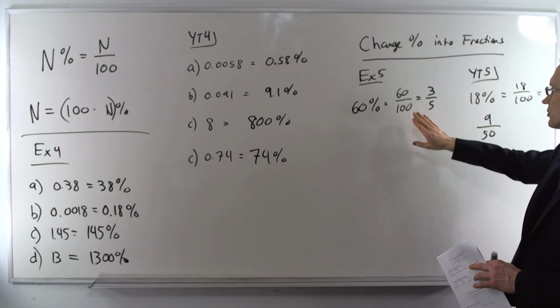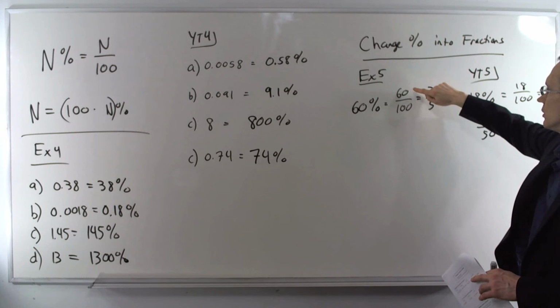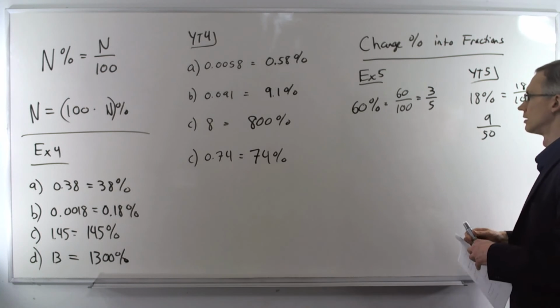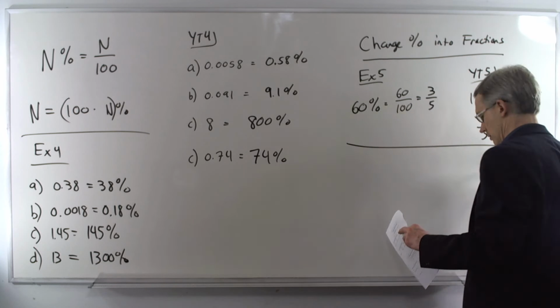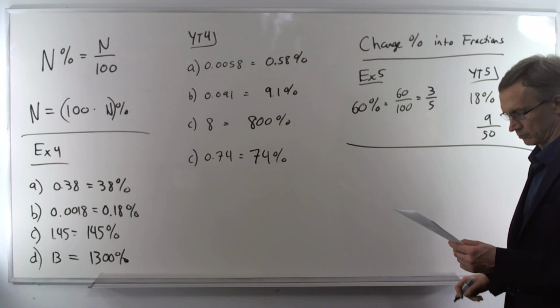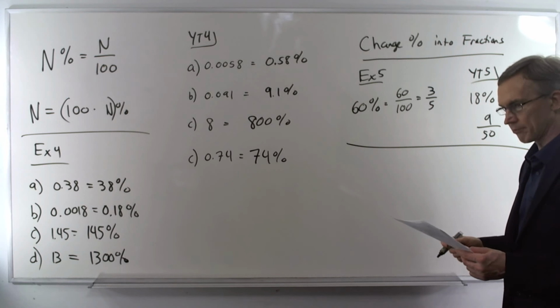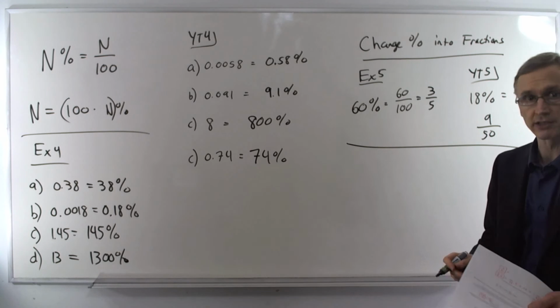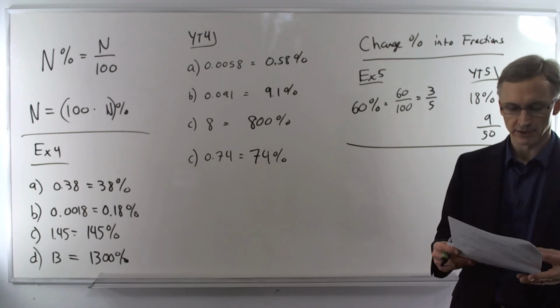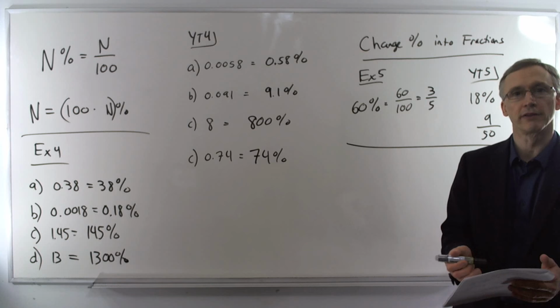So as long as we have proper fractions, meaning the numerator is smaller than the denominator. What about improper fractions? Well, improper fractions can either be expressed as an improper fraction or as a mixed number. And depending on the purpose, sometimes one's better than the other.